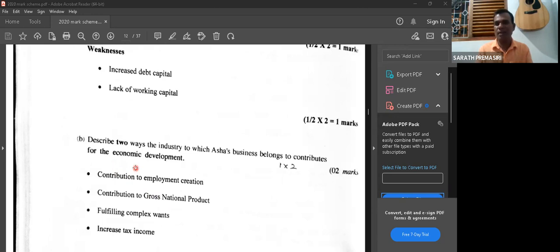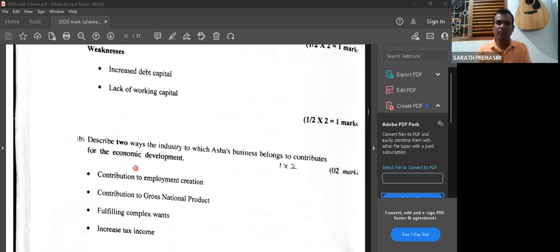If you give such an answer, you have to prove how that factor contributes to economic development, so that you can develop the answer. By importing modern equipment, she is able to produce surplus production. By producing surplus production, it can contribute to economic development.